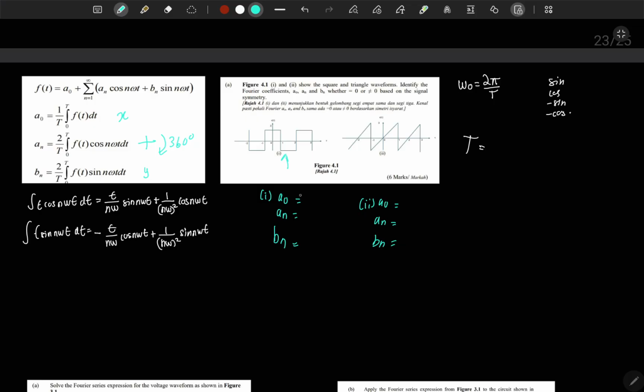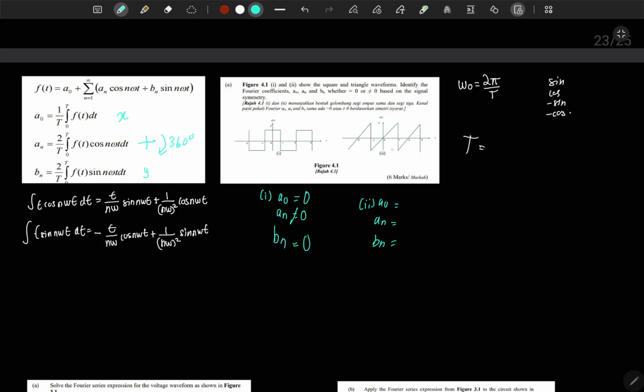No, so it's not 0. Now if a0 means up and down, a0 means x, so is it up and down cancelling? Yes, so it's 0. An, you need to rotate it 360, so we can't, it's not 0. Bn, does it reflect on the y axis? It looks the same, so it's 0.